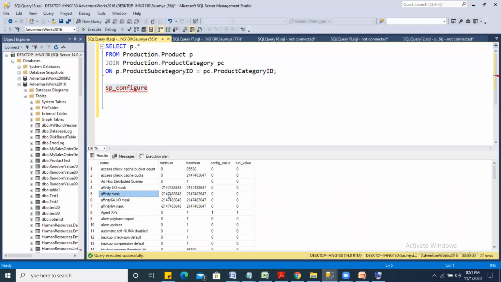If you have more than 32 processors, you will have to use another parameter to specify the affinity masking bits. I'm going to explain it more.